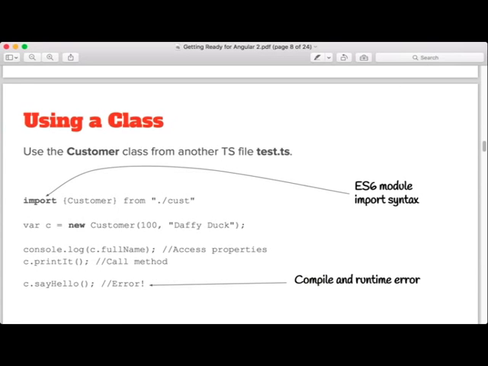One of the crucial things that happens at this point, when the interpreter goes to the import statement, is that it's going to actually pull in the JavaScript from cust.js dynamically. So this is what I was talking about. Modules can depend on other modules, and this dependency is built using the import statement.